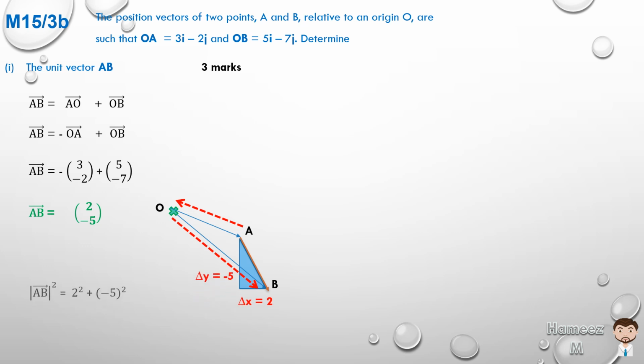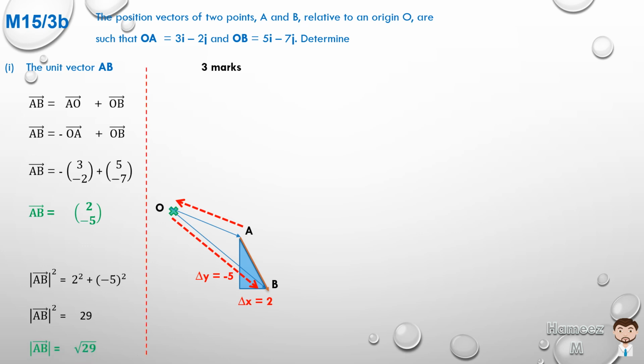So 2 squared is 4 and minus 5 squared is 25. 4 plus 25 is 29. So AB squared is equal to 29. As such, the length of AB, or modulus AB, is root 29. So if we want to find a unit vector of AB, it will be the vector AB divided by its length. So the unit vector is 2i minus 5j all over the square root of 29.